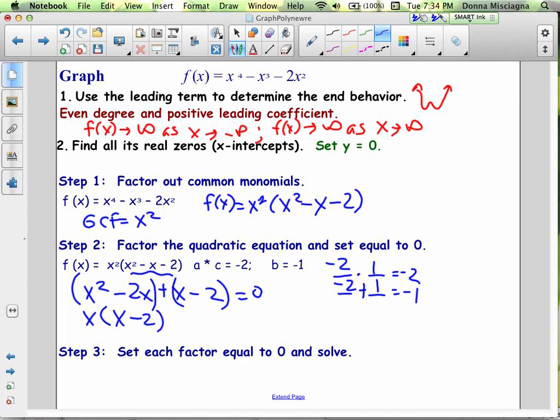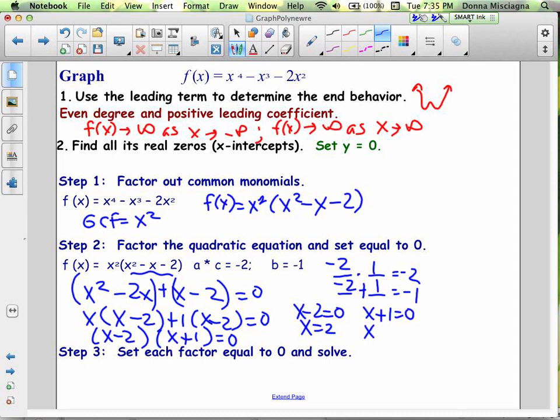And then the only common factor for x and negative 2 is 1. So we can factor out our repeating x minus 2, and we're left with x plus 1. We set those equal to 0. X minus 2 equals 0. We'd add 2 to both sides. X is 2. X plus 1 equals 0. Subtract 1 from both sides. X is negative 1. So now we've got our x-intercepts.